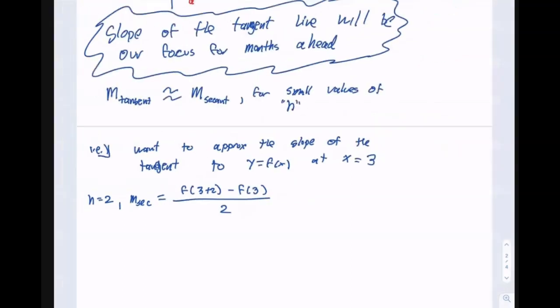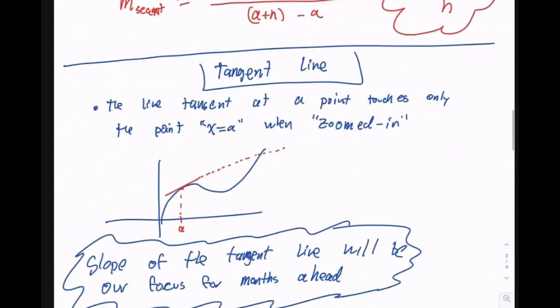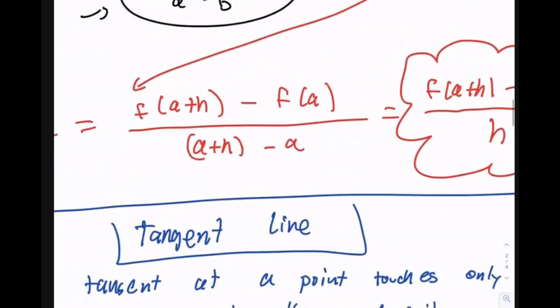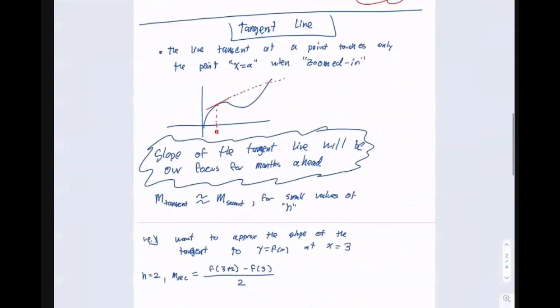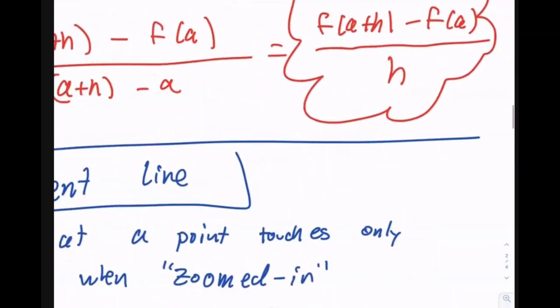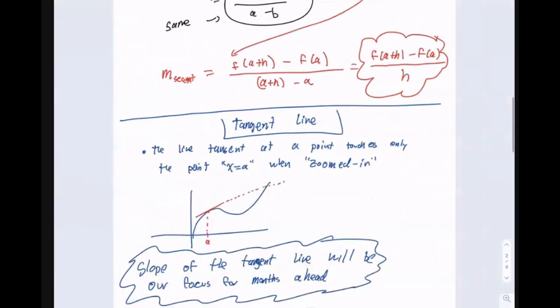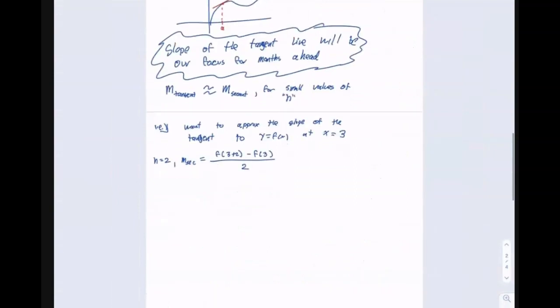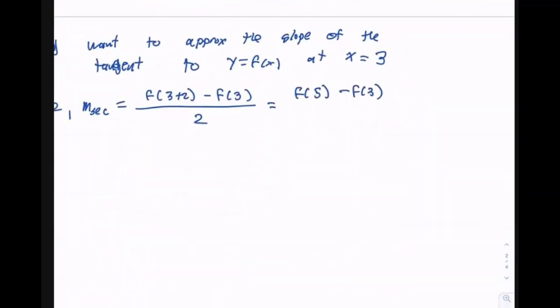Using that formula right here, which is the same thing as f of 5 minus f of 3 all over 2.